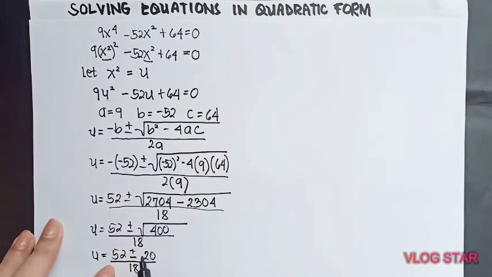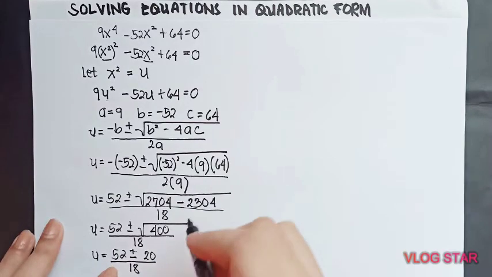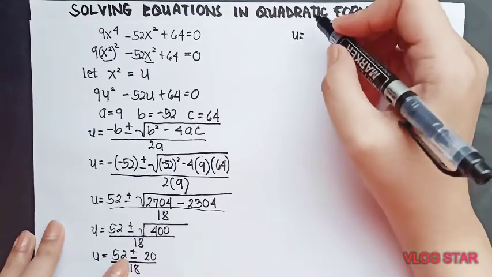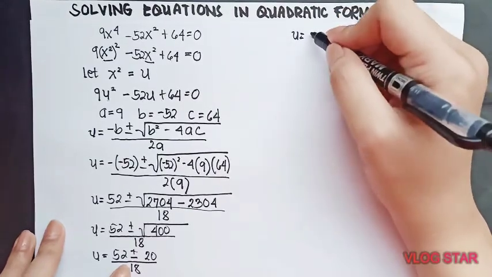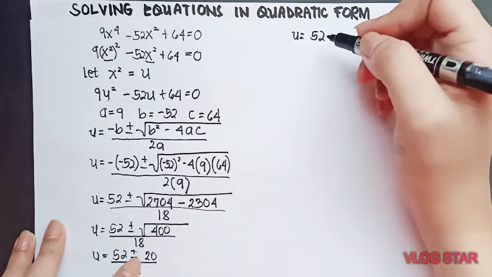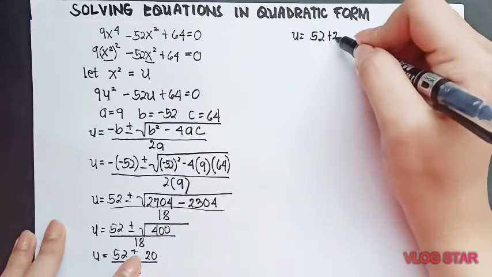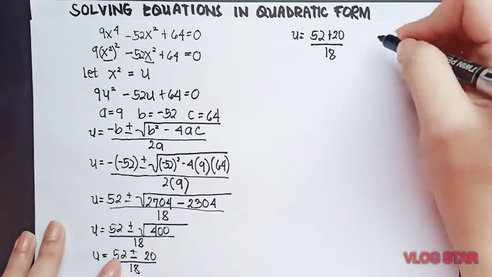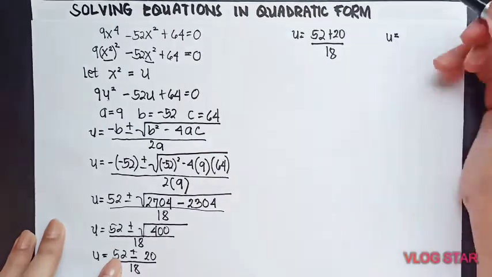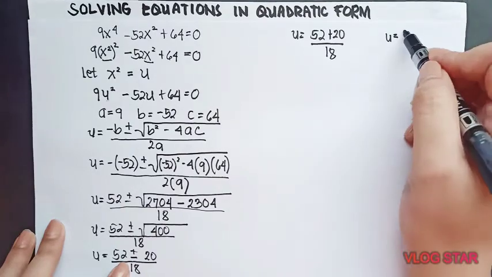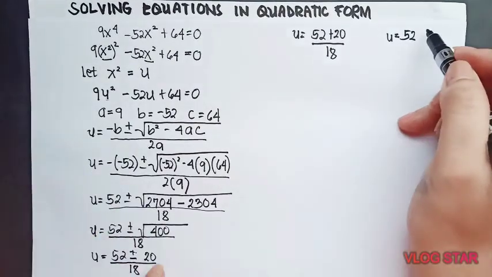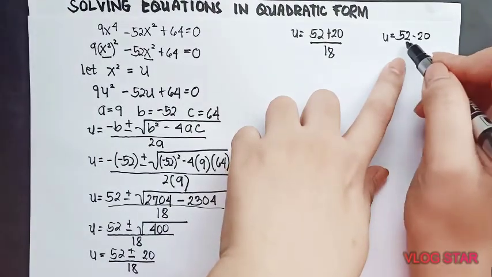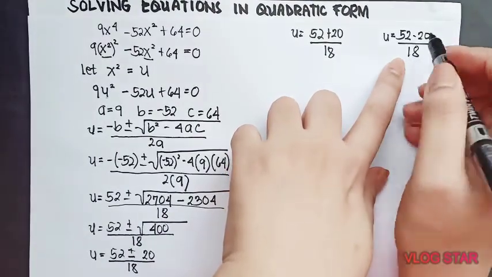Alright, so let's now separate positive and negative. So let's continue it here. Let's have plus first: u equals 52 plus 20 divided by 18, and then the other value of u, we have minus, so 52 minus 20, divided by 18.